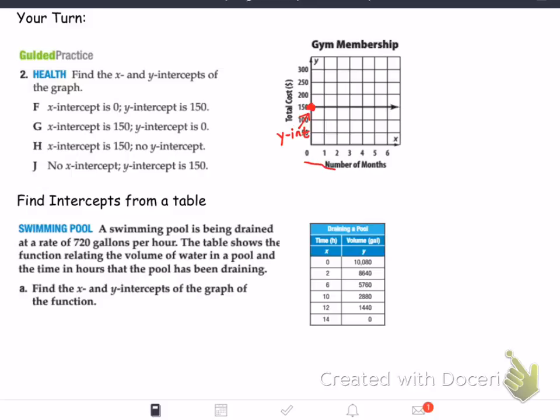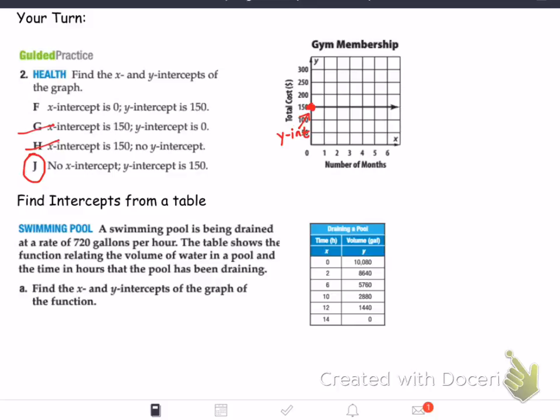There actually is no x-intercept. And so my y-intercept is at 150, and so it's definitely not G or H, but there actually is no x-intercept, so J is my correct answer. So that's finding x and y intercepts from a graph.